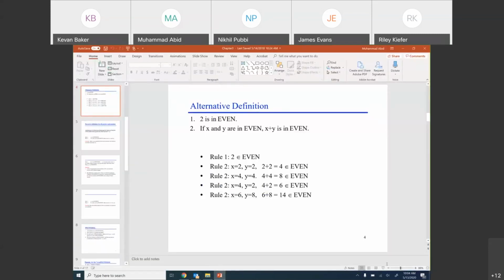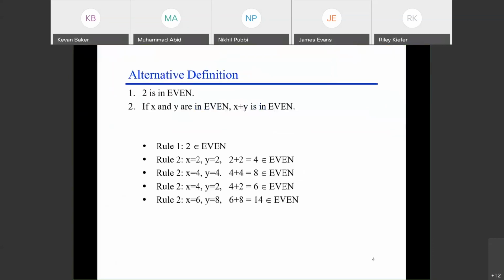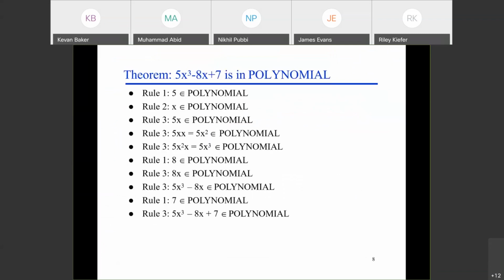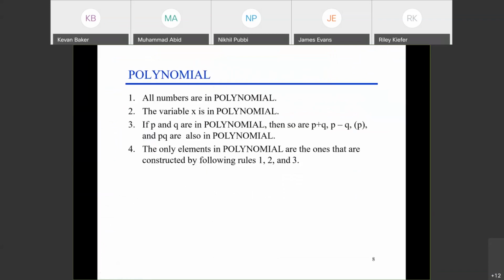So we were here. Do you guys understand? I did this polynomial and I tried to prove that this equation, which is part of the polynomial, can be generated by using all these rules which we defined here, and we figured out that yes, we are able to generate it.